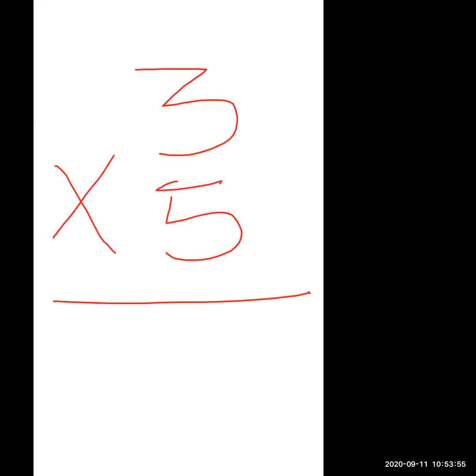Now we are going to take one sum of multiplication. This is one digit into one digit. 3 into 5. What is the answer? 3 into 5. You want to add the 3 five times, otherwise 5 three times.